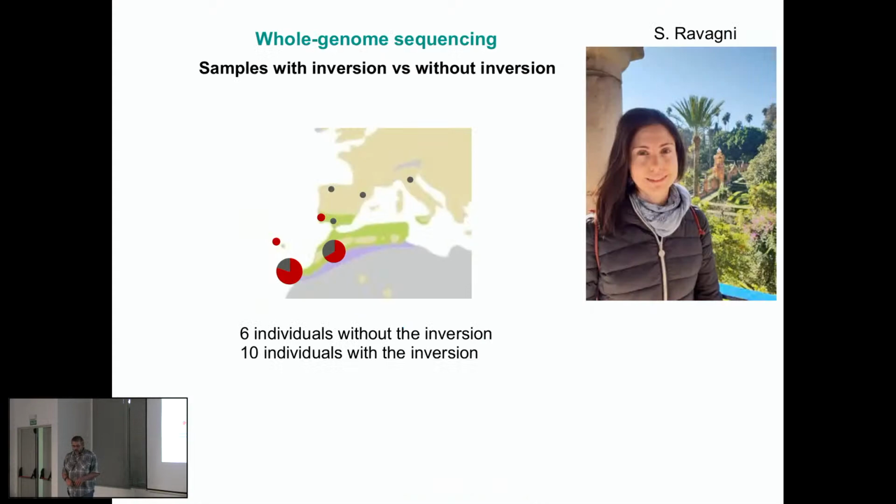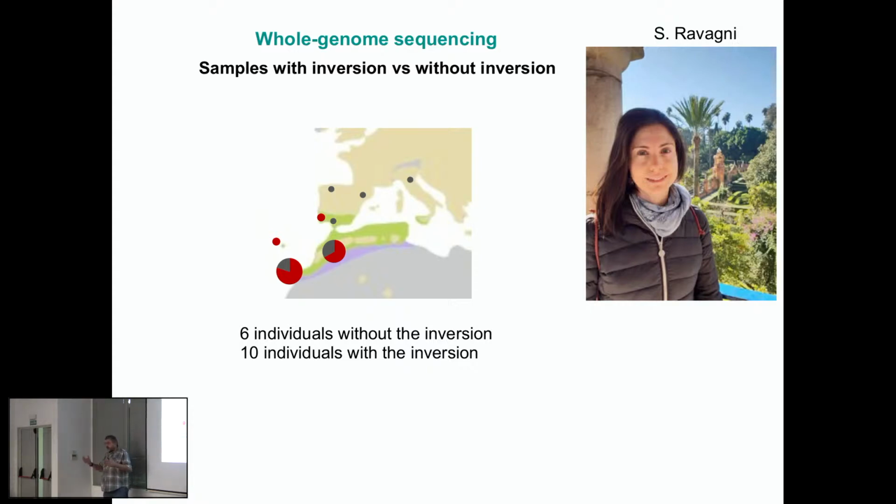Here comes the work of another PhD student, within the group, Sara Rabagni. What we did was to select 16 individuals and we sequenced the complete genome. We have 6 individuals without the inversion, the ones that we represent with the black area or the dark gray area, and 10 with the inversion.